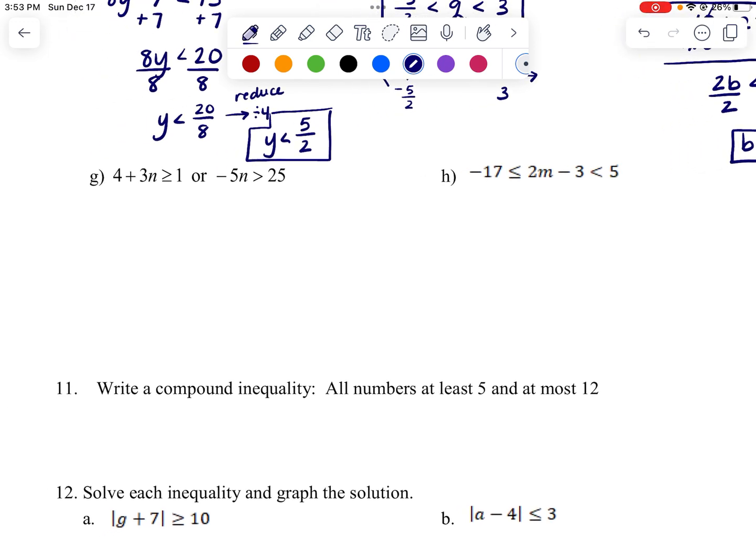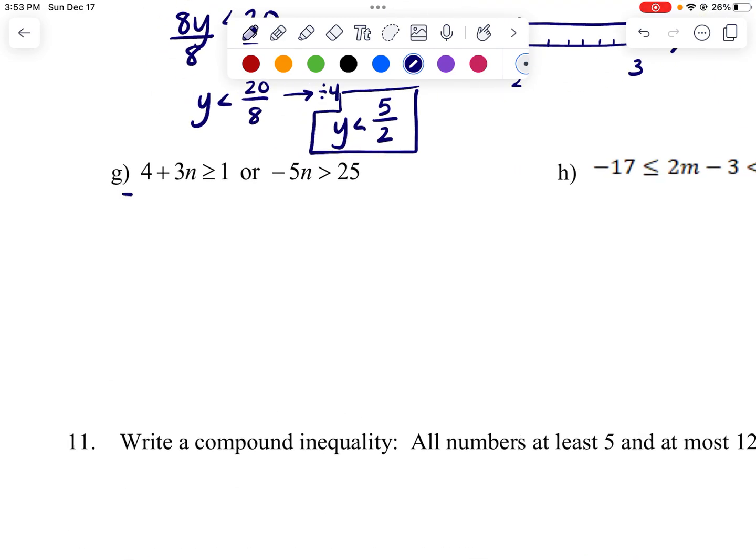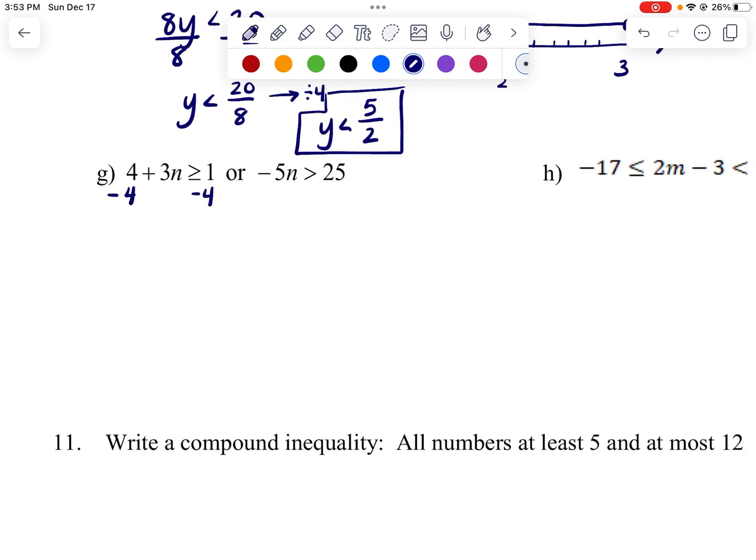Two more inequalities. The or statement really just has you solve them separately. They don't affect each other. So I'm going to subtract 4 to get the 3n by itself, 1 minus 4 is -3.